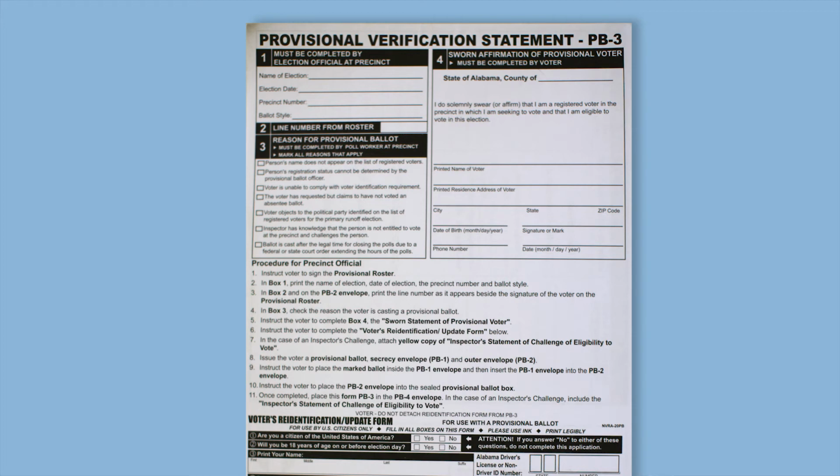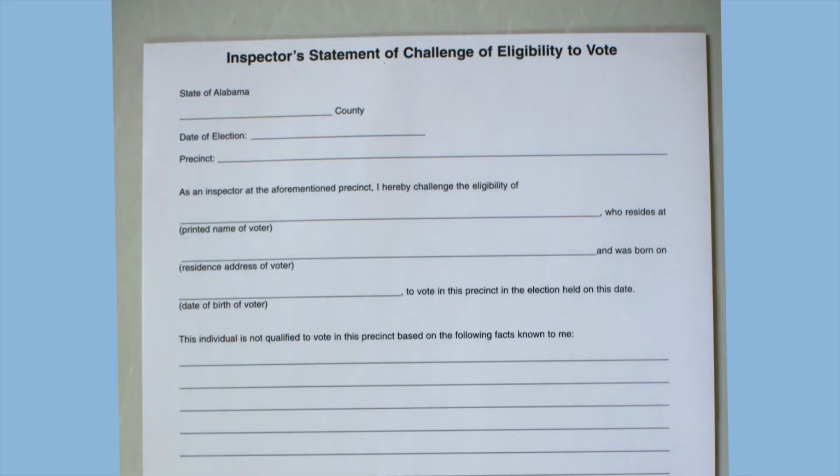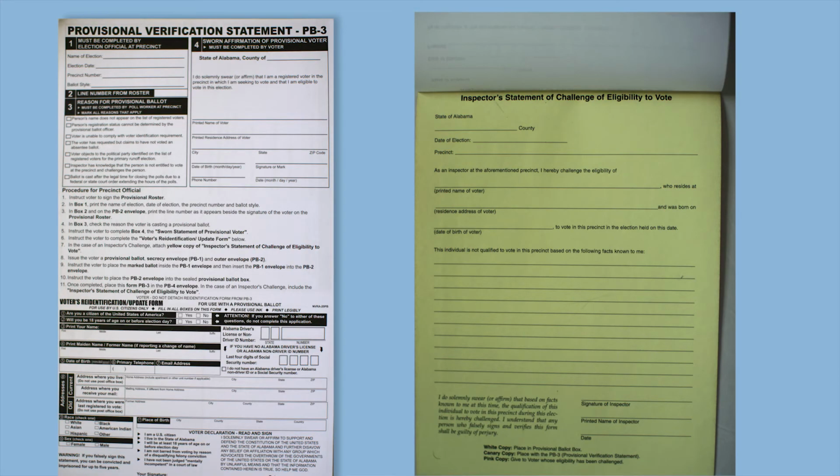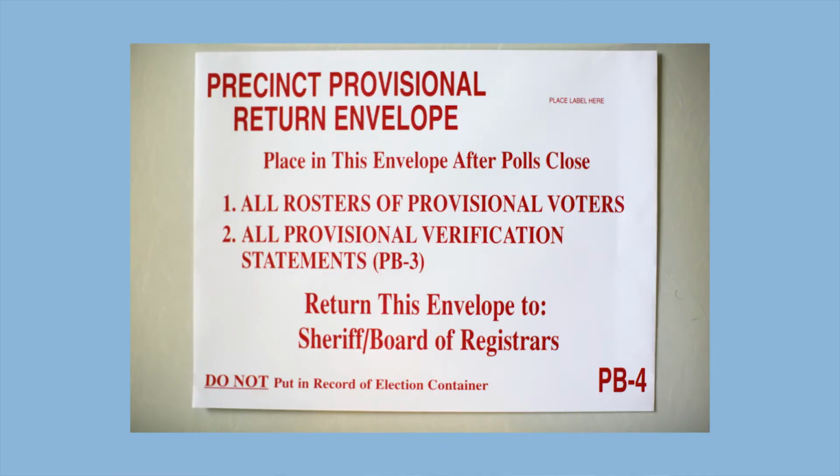The inspector would check challenge as the reason. Then a challenge form would also be completed. Once the voter marks their ballot and returns it to the inspector, please separate the challenge form. The PB3 form and the canary copy would go in the PB4 envelope.